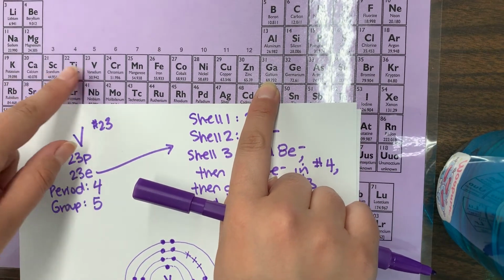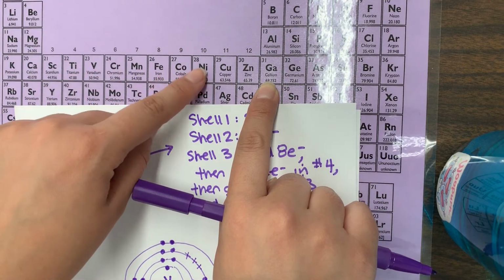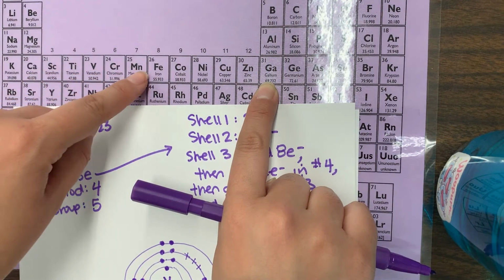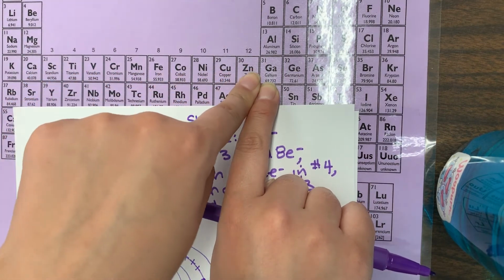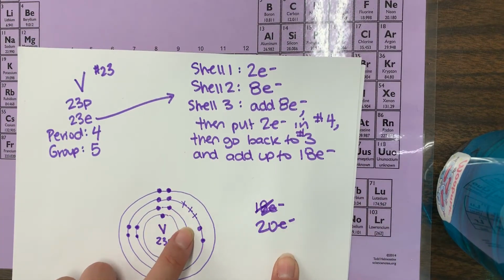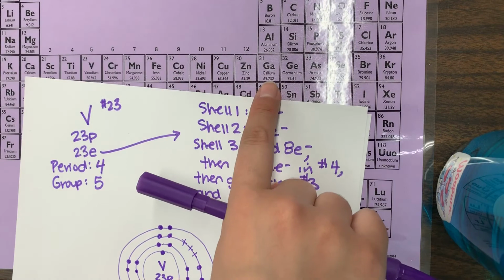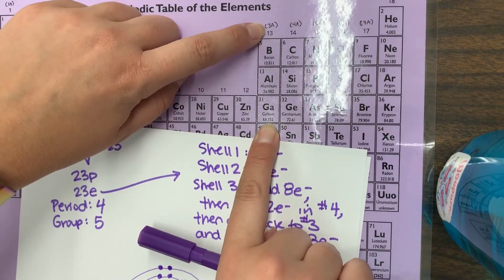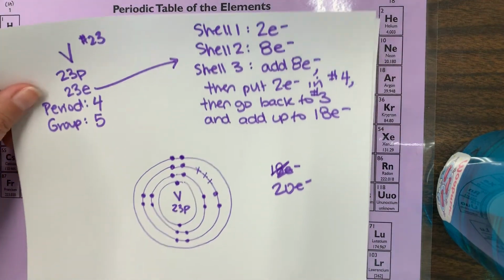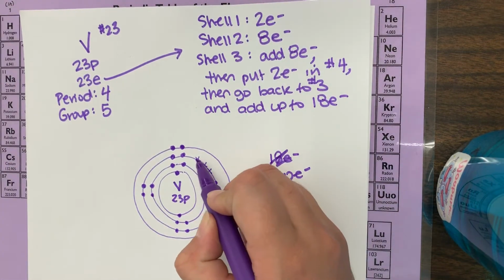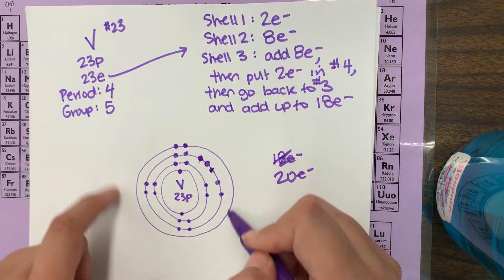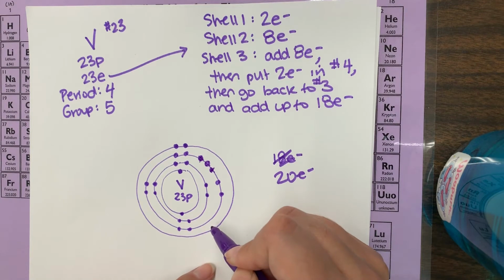So 1, 2, 3, 4, 5, 6, 7, 8, I counted wrong. 1, 2, 3, 4, 5, 6, 7, 8, 9, 10. Those 10 need to be living in the row below the outer one. Otherwise, you're going to end up with too many valence electrons in your outer shell. So our final model for vanadium shows us as having 2 valence electrons and a total of 23 electrons.